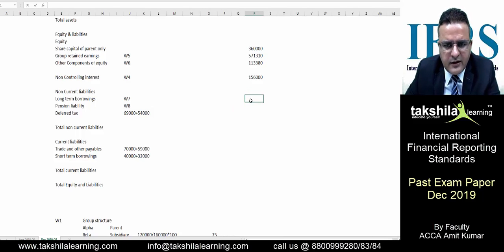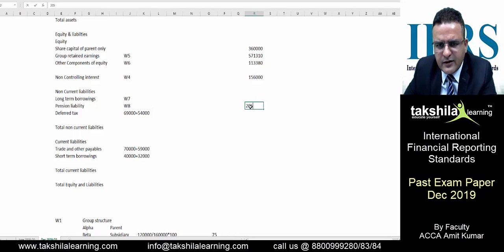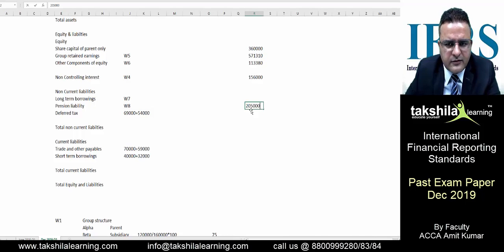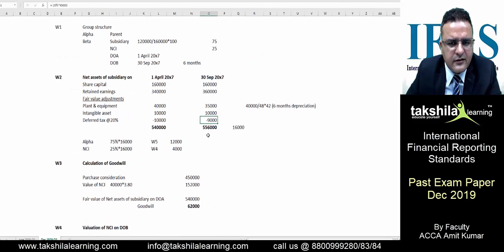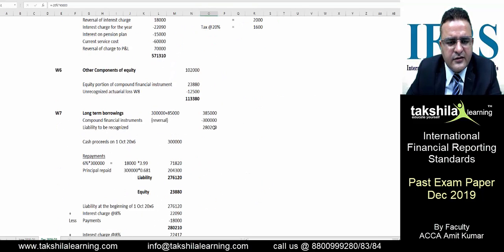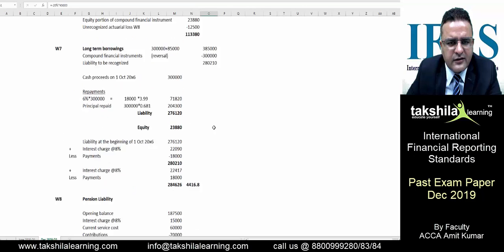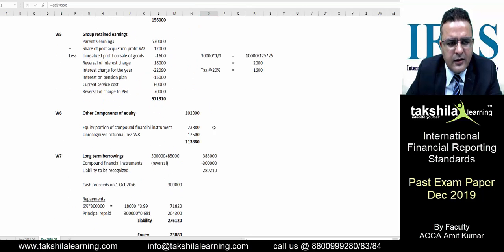Working note number 8, the pension liability is 205,000. Deferred tax 69,000 plus 54,000. Include the deferred tax liability 9,000. And there was an intra-group transaction in which we also dealt with deferred tax.